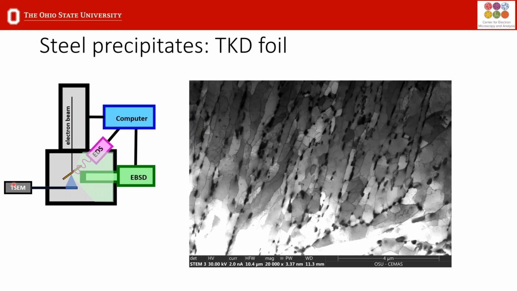If we use this STEM detector that we place underneath the thin foil, we can image the structure, and this is very similar to STEM analysis in the TEM. We can see that these dark features here are all the precipitates. We can see the subgrain boundaries that outline quite nicely, and in addition to the subgrain boundaries, we can also see the free dislocations.